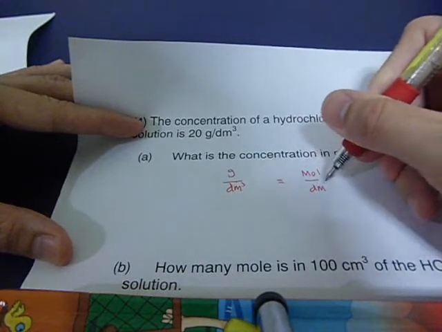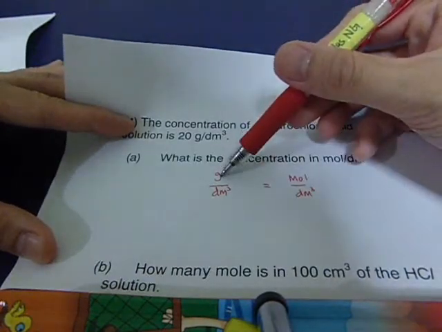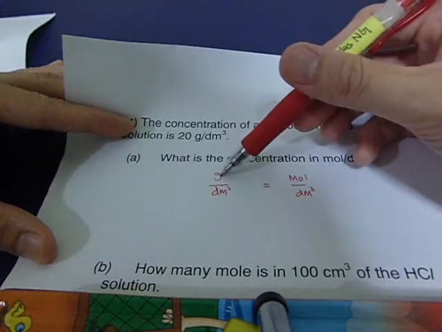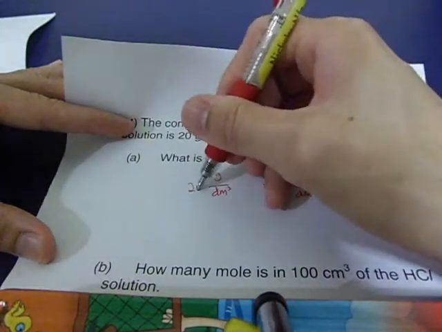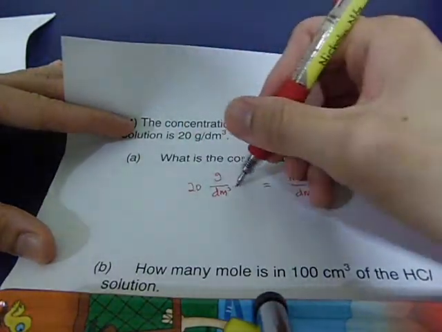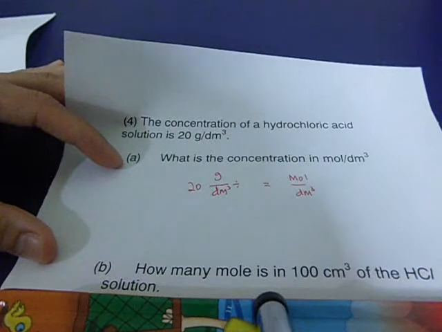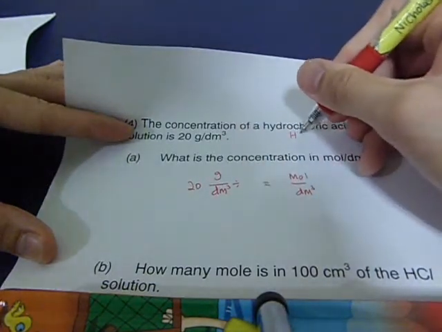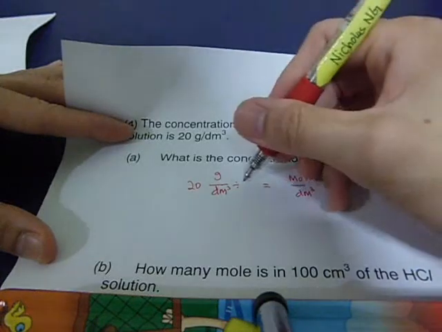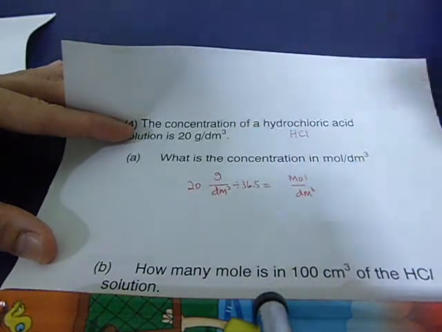It must be mass divided by mR. So your 20 gram per dm cube must be divided by the mR for hydrochloric acid. Your hydrochloric acid is HCl, the mR is 36.5.